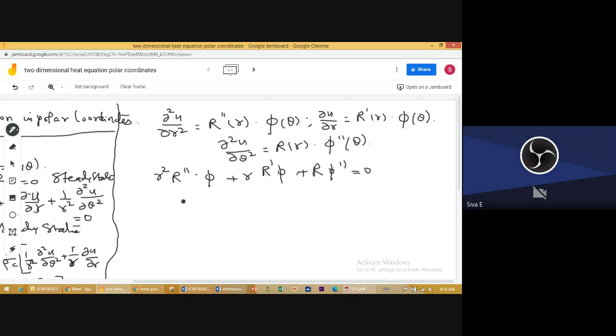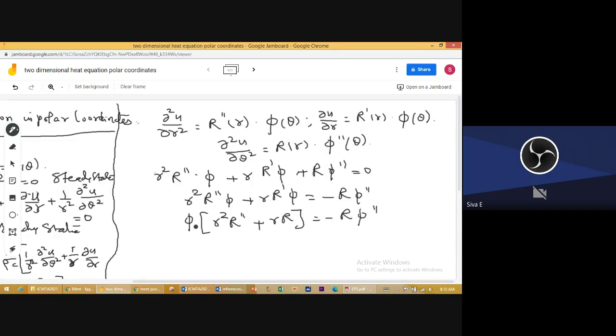So we can write this as r square R double dash pi plus r R dash pi equal to minus R into pi double dash. Therefore, taking pi outside, r square R double dash plus r R dash equal to minus R pi double dash.